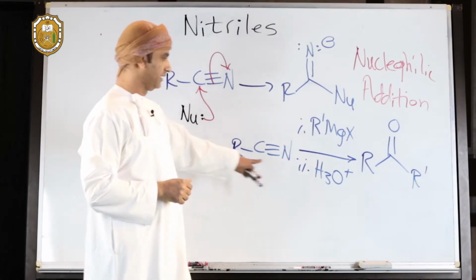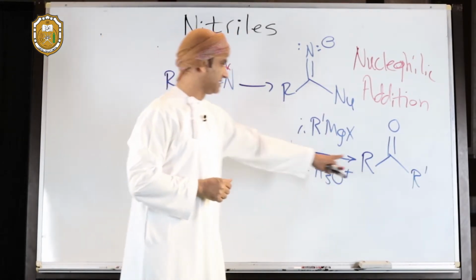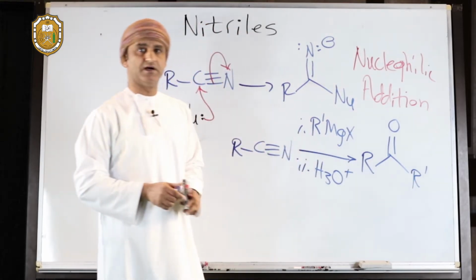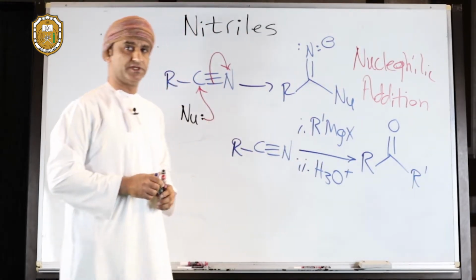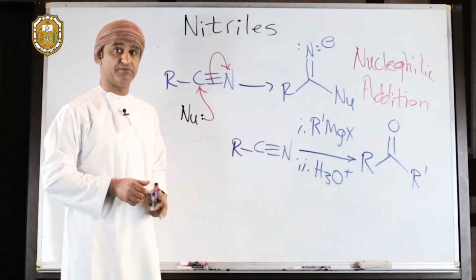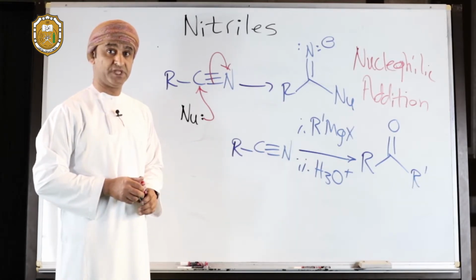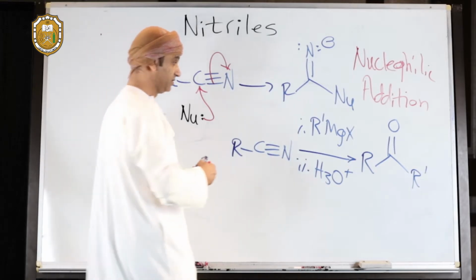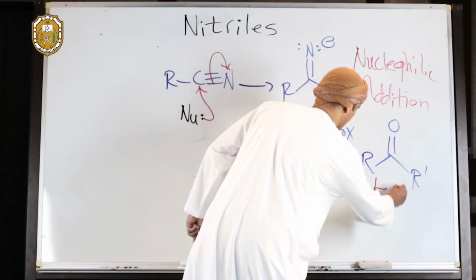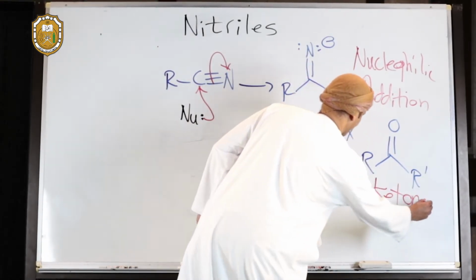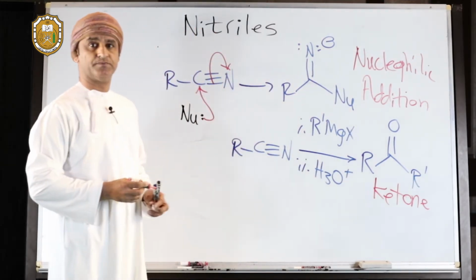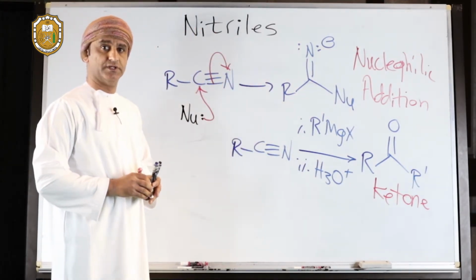Obviously, that R is that one, that carbon is that one, and R prime comes from the Grignard reagent, and oxygen obviously comes from the subsequent reaction with the hydronium ion in step number 2. So this is a very useful reaction because we can transform a nitrile into a ketone.